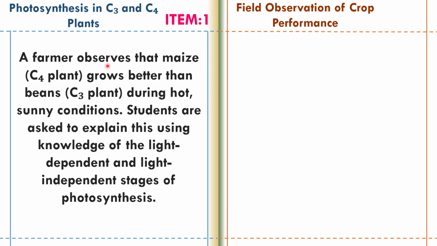A farmer observes that maize, a C4 plant, grows better than beans, a C3 plant, during hot, sunny conditions. Students are asked to explain this using knowledge of light-dependent and light-independent stages of photosynthesis.